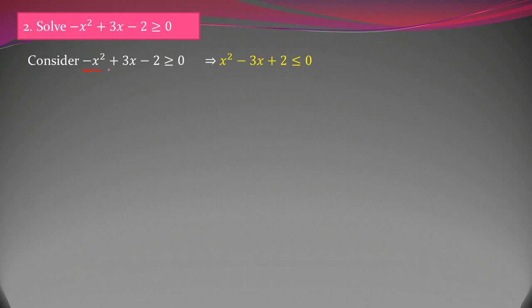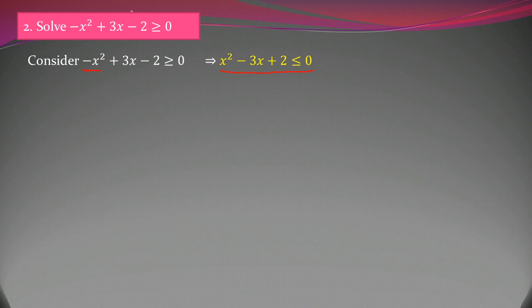If you are multiplying with the negative sign, you must change this symbol. That means greater than or equal to will become less than or equal to. As I told in the earlier classes, if you are multiplying with a minus, this greater than or equal to will become less than or equal to.